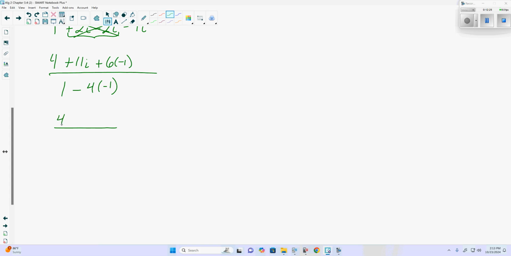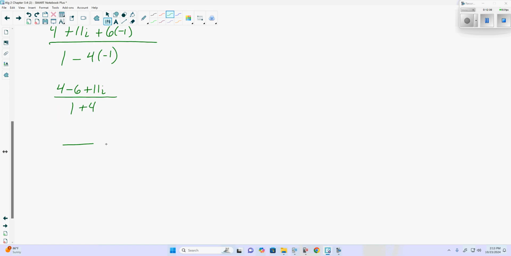So on top, we do have 4 minus 6 because our 6 times negative 1 would give us negative 6 plus 11i. On the denominator, negative 4 times negative 1 would give us plus 4. Really telling us that we have negative 2 plus 11i over 5.